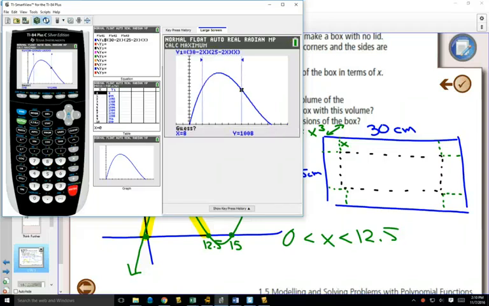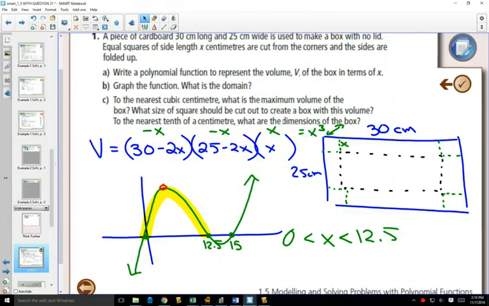And it doesn't matter how wide or how narrow that is, as long as your maximum is in between those two values. Time to guess. Oh, and there it is, 4.53. Did it ask what to the nearest tenth? So x should be approximately 4.5 centimeters.